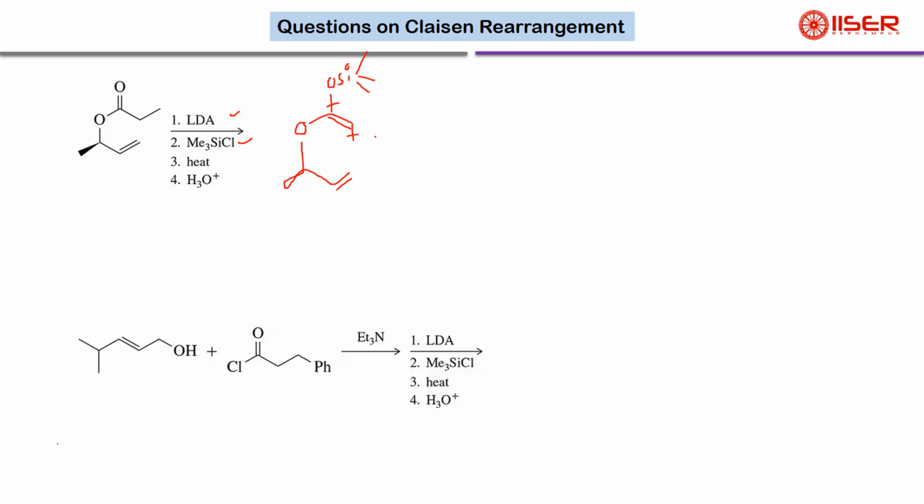Next, if you add heat, simple, it will undergo the Claisen rearrangement. So just to know about the stereochemistry of this methyl group, we try to draw it via a Zimmermann-Traxler transition state.